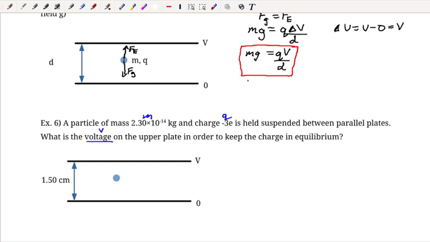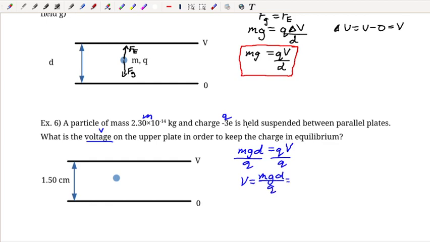So I look back at this equation and in this equation, what I really want to find is V. I need to solve for V. So I'm going to move d to the other side. That gives me mgd equals q times V, and then divide by q to get V by itself. So I've got V equals mgd over q, and hopefully I've got enough information now to fill in what I know.